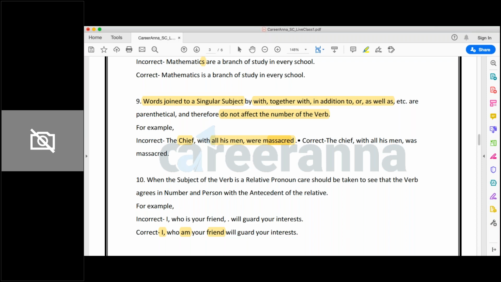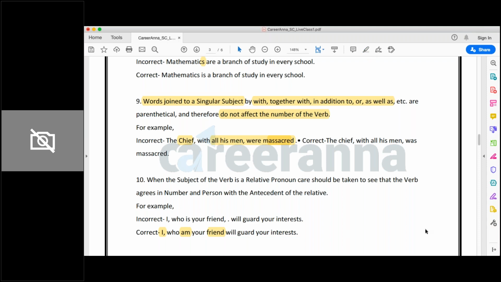Who is going to give me the example? Let's try to form a sentence. Who is going to give the example? What could be the example? I, comma, let me write it.